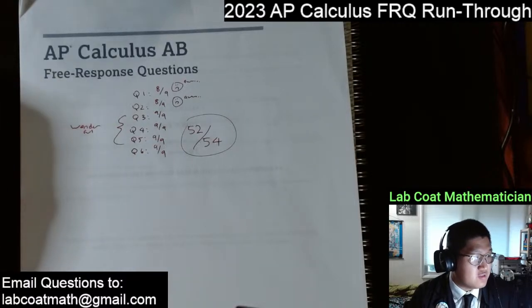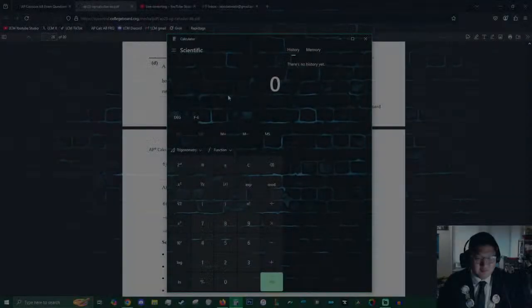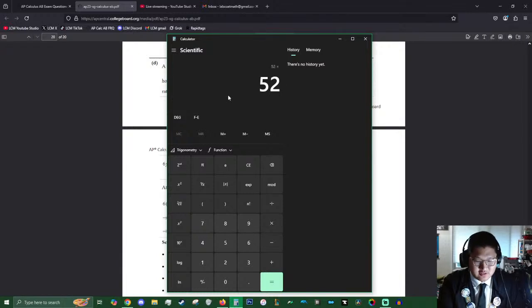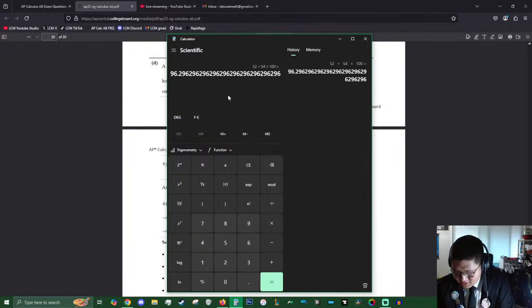To convert this over to a percentage, we look at 52 over 54, and by multiplying by 100, we end up with a percentage of 96.30 if you round it to two decimal places. I say that's pretty nice for us on this exam.